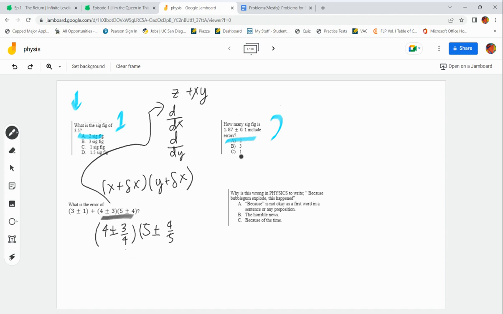Because multiplying and dividing is the hardest part, and you can also do it for division over here. So you get xy, but let's do the partial derivative way because that is actually the most standard way you're going to probably do it. The partial derivative of z plus xy with respect to z equals 1.